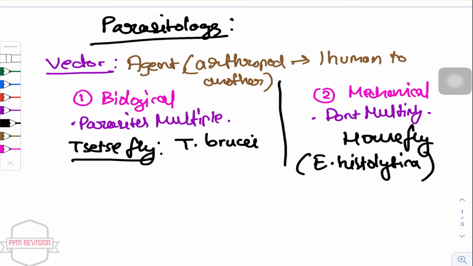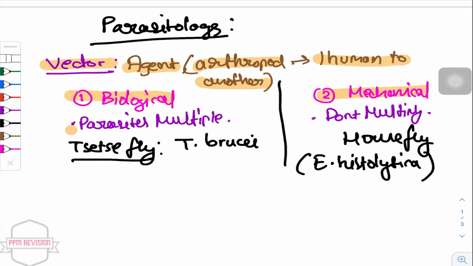Just to recap, there are the vectors. Under this there is an agent, and it is nothing but an arthropod that can transfer infection from one human to the other. There are two types. One is biological and the other being mechanical.